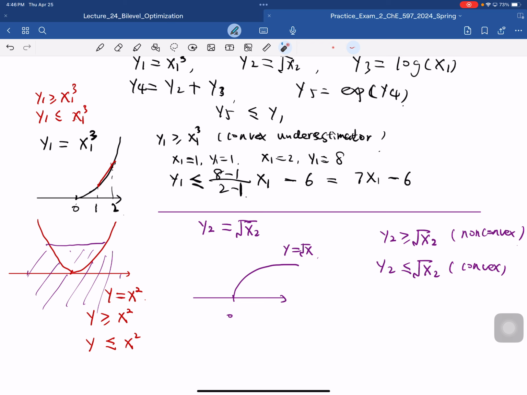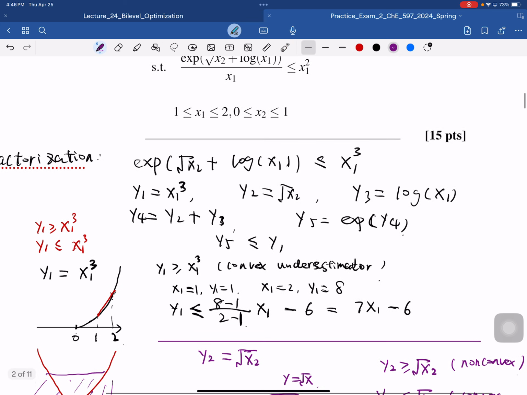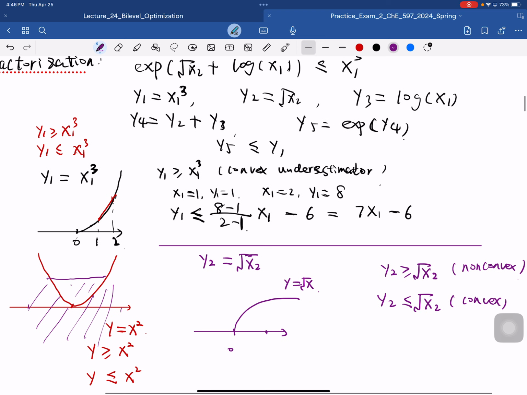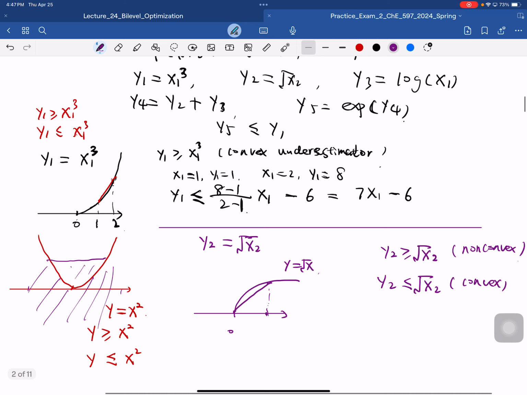But when the underestimator of this function should also be convex, the way to relax it is the following. You just pick the range of x2 from 0 to 1, and then you draw a straight line. It will underestimate this concave function, right? Okay, so how do you get this straight line? You just calculate the points, right? So this is (0, 0), (1, 1). So this line is nothing but y2 greater than or equal to x2.